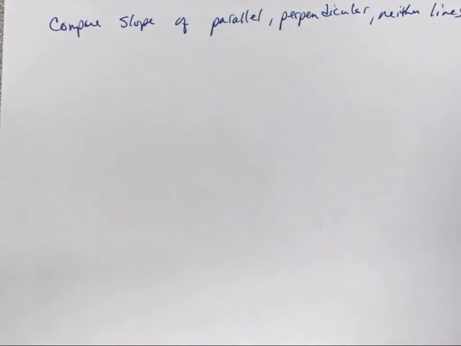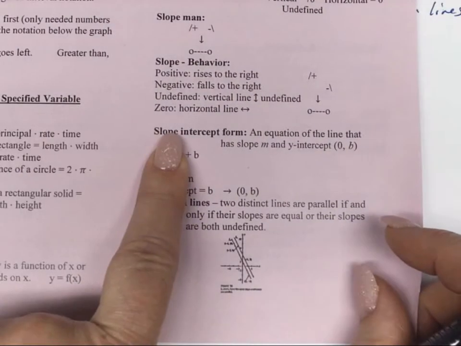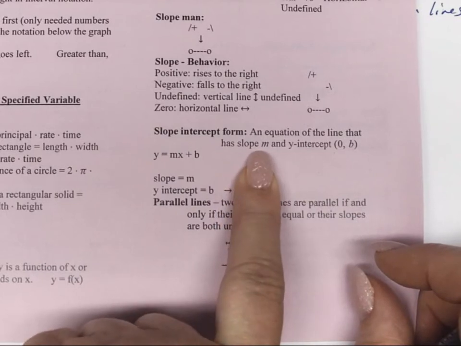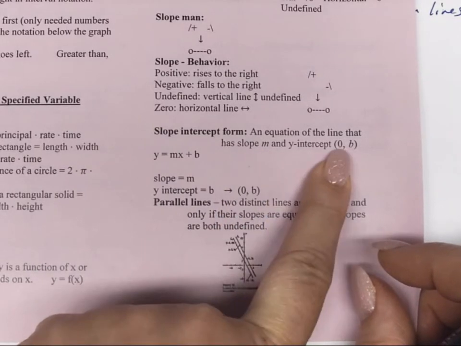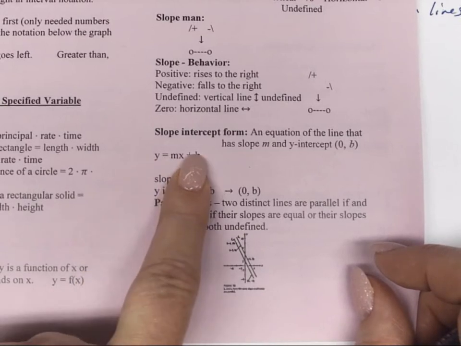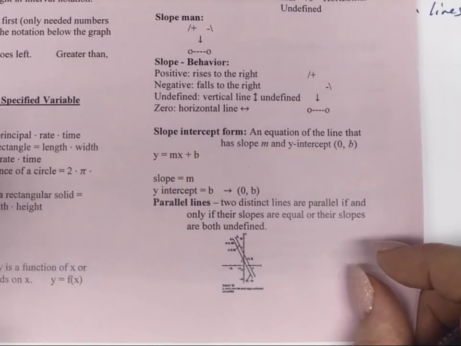So let's go look over here. Slope-intercept form is an equation of the line that has a slope of m and y-intercept of b. So here is your slope, the m, and b is your y-intercept, so it's actually a point.